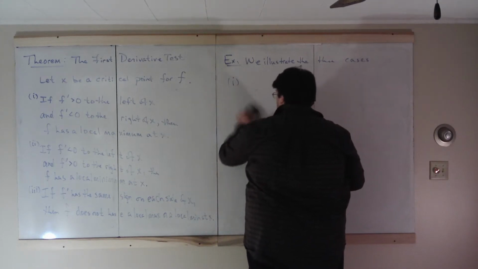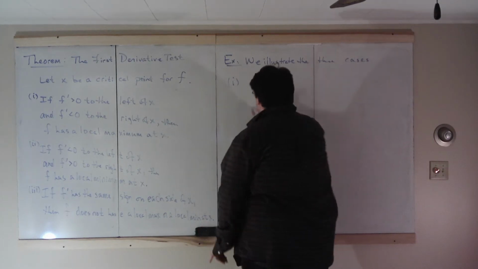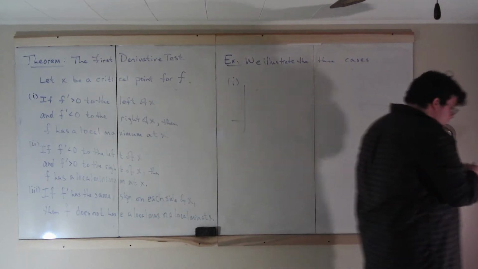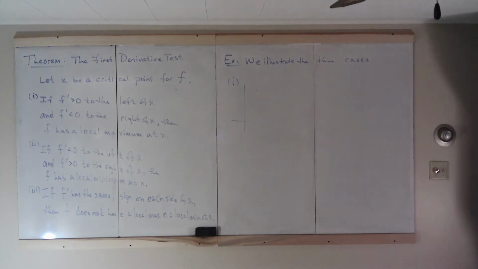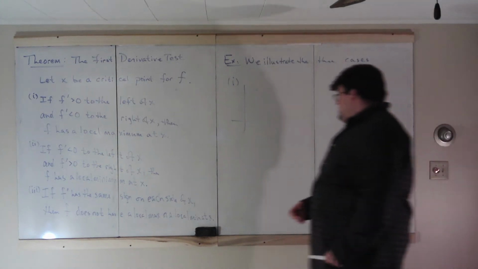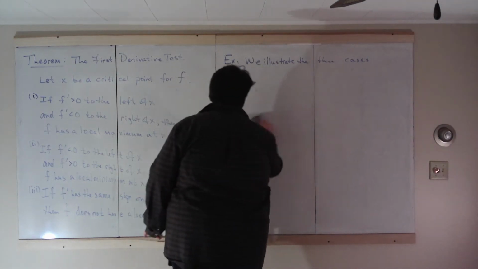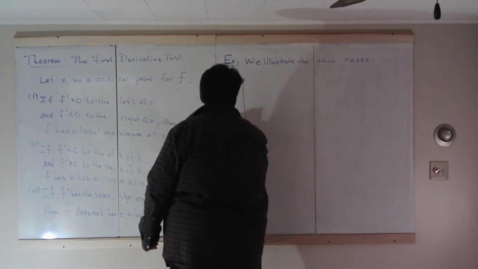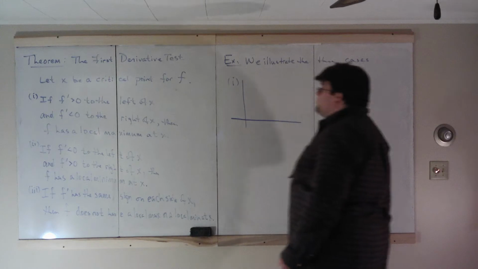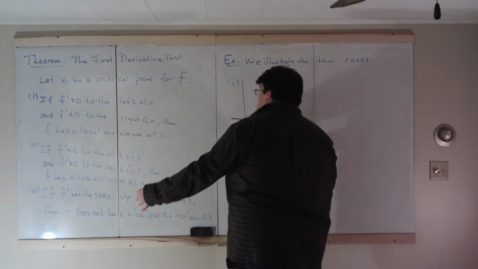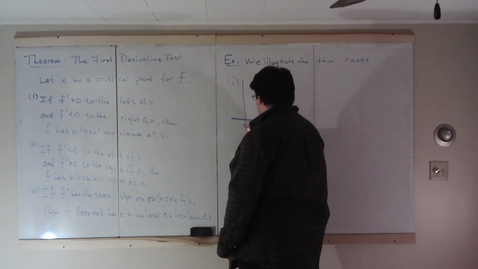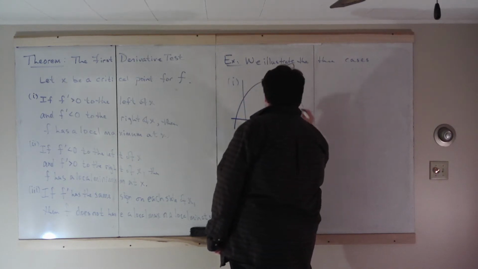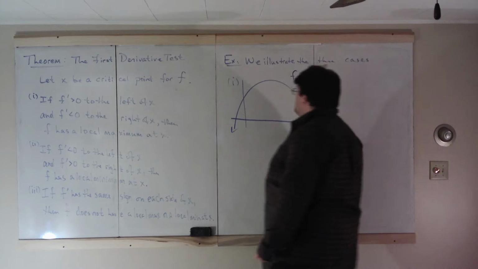Let's draw a little better. So increasing to the left of x, decreasing to the right, what could that look like? Could look like this.